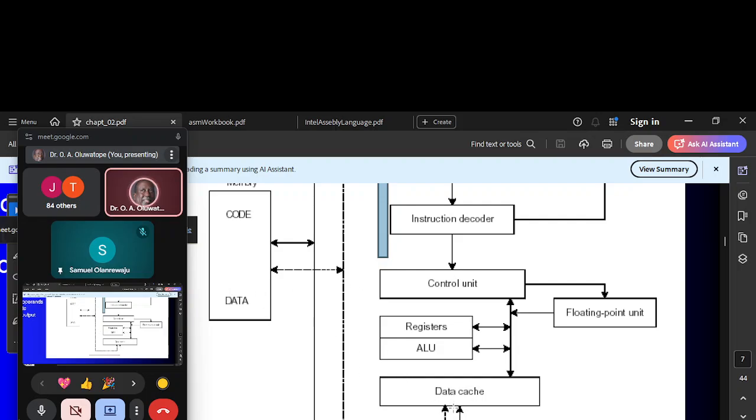Now, you can see that for every operation, the code cache as well as the data cache contain both data and address. The reason is this: wherever the data is to be written must be identified. So the address, for example, when I say A equals B plus C, where the data is to be read from are B and C, which are specialized locations in the memory.